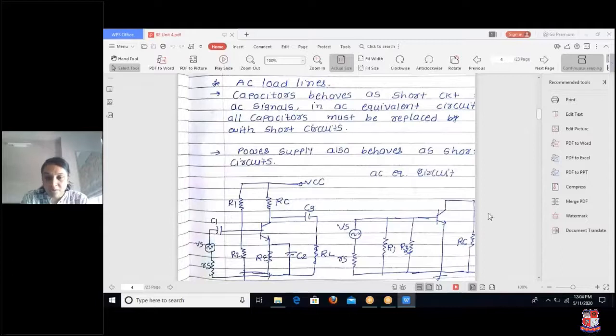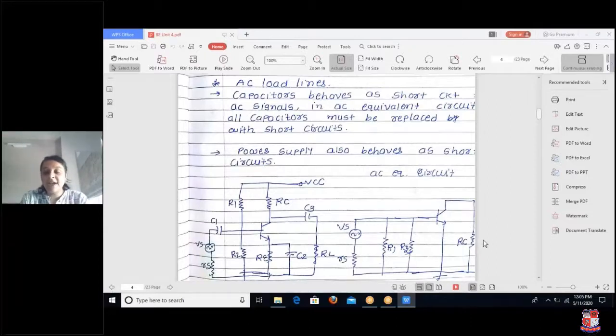Now goes to the output side. So what happened at the output side? At the output side here the RC is connected. Here the page is cutting, but you can also connect the RE in parallel, and also the RL in parallel.